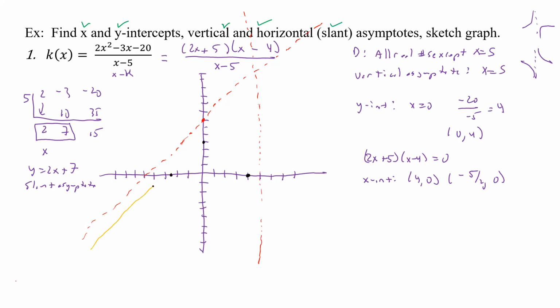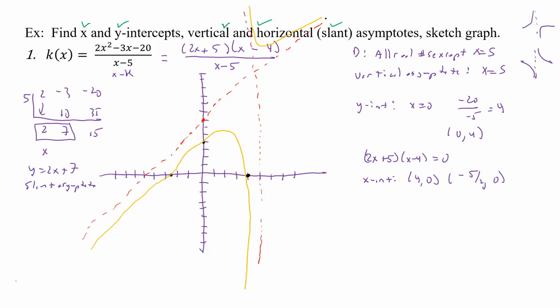So it's going to come up here something like this, and then come down something like this. And again, it's rough. I know I hit my 3 points, and after that, we're just estimating. Now, because this asymptote's like this, that means I'm going to have to come down from here, and I'm going to have to come over like this one, because it's going to have the same thing with this.